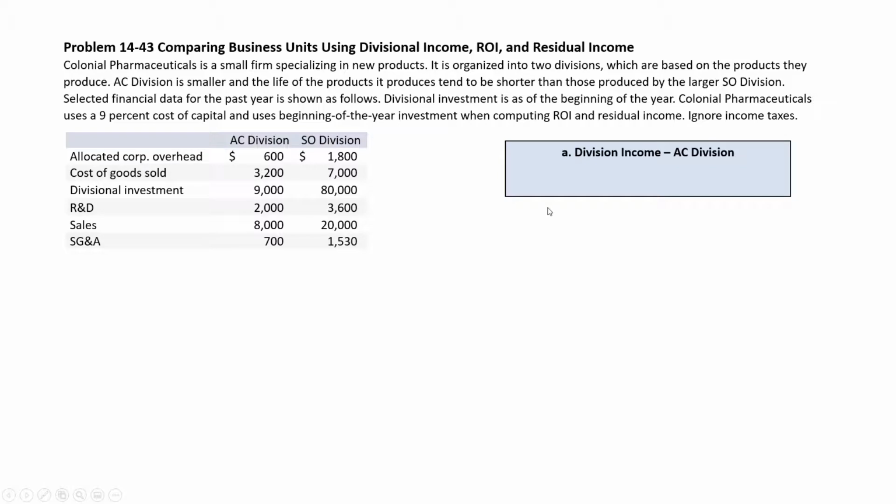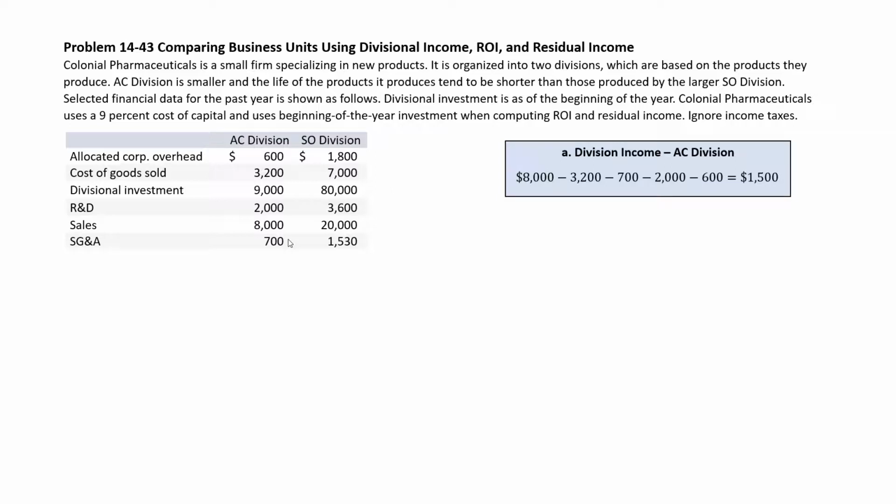So I'm simply going to look for my sales for AC division, which is $8,000, and subtract out any expenses for the year. Now, you may do these in a different order. It doesn't matter. We just need to come to the same end number. This isn't a formal income statement. I first subtracted out cost of goods sold of $3,200. Next, I jumped down here and subtracted out SG&A expenses.